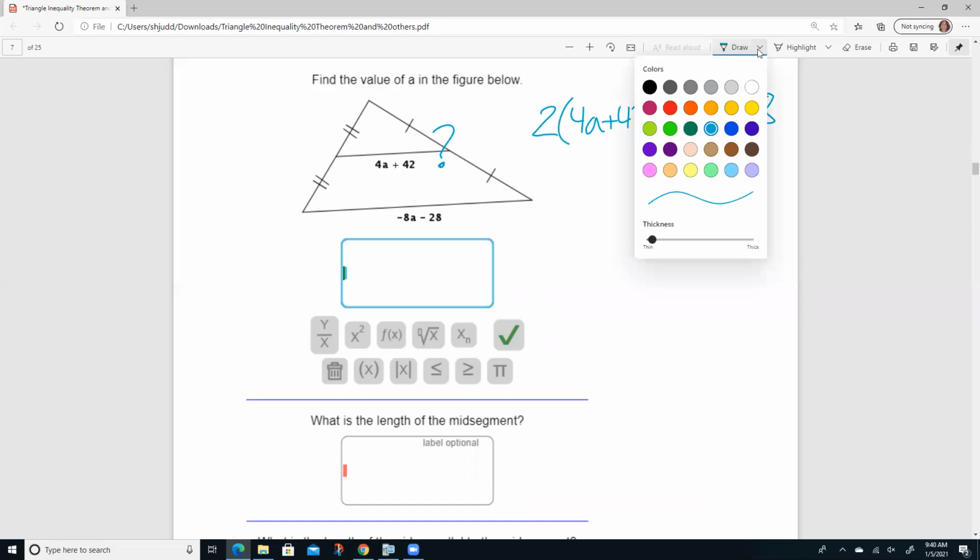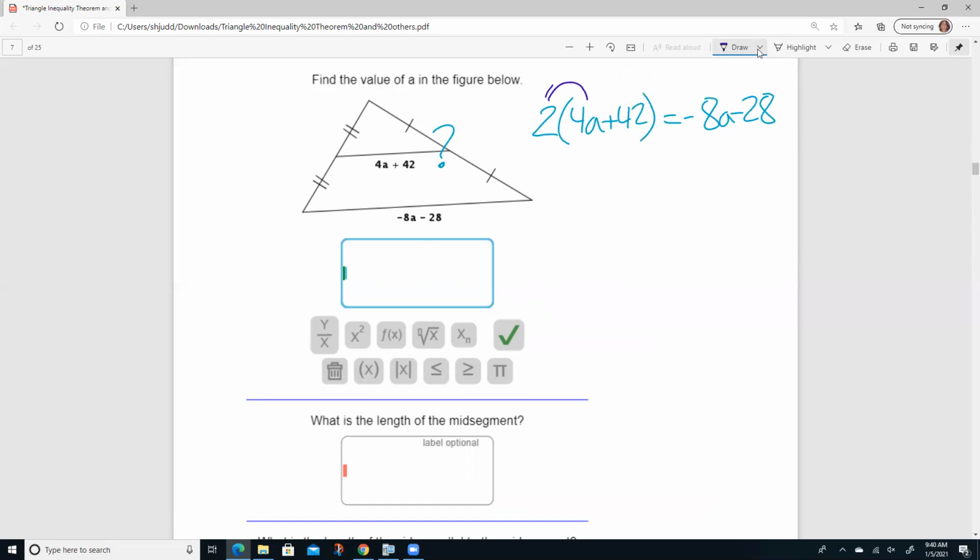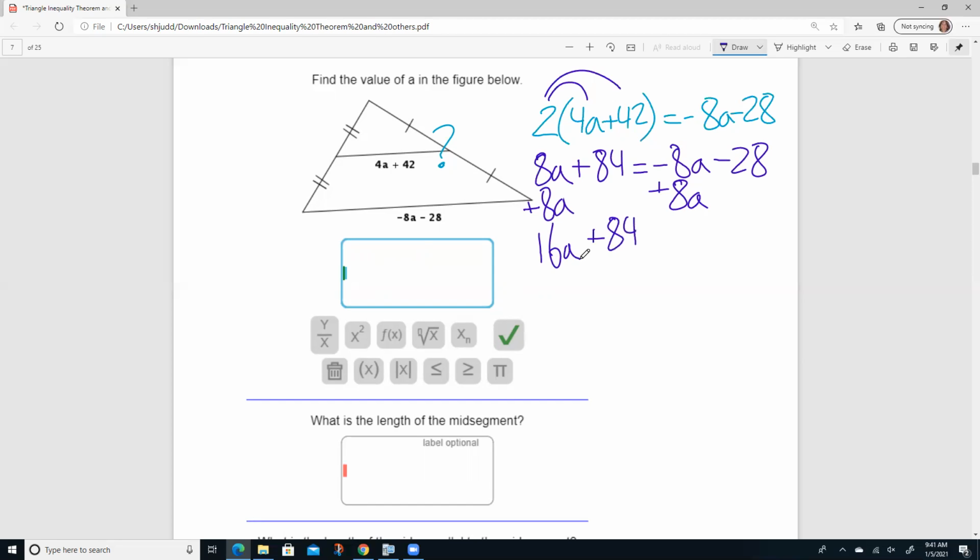Okay, and then I'm going to go ahead and do the algebra I need to solve. So first I need to remember to distribute. 2 times 4A is 8A plus 2 times 42 is 84 equals negative 8A minus 28. I'll go ahead and add 8A to each side. 8A plus 8A is 16A plus 84 equals, those two cancel, we'll have negative 28.